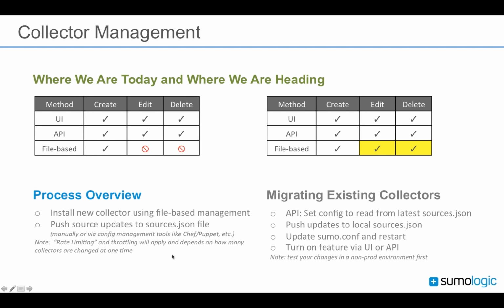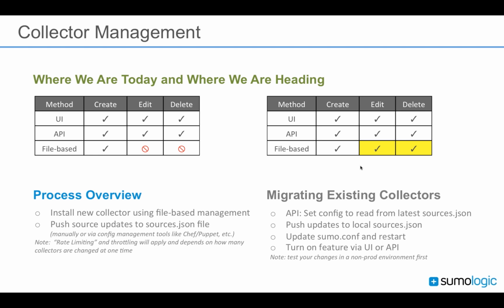So here we are today, as you can see with these two areas for file-based configuration management. We do not support edit and delete functionality specifically with file-based management. However, moving forward in February, we actually will be supporting this.